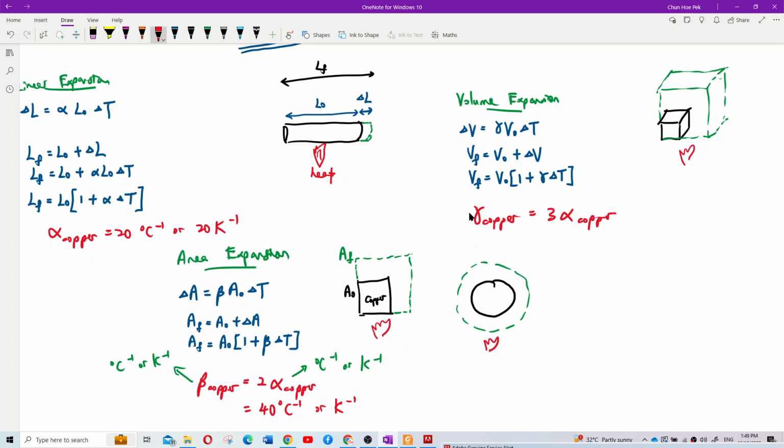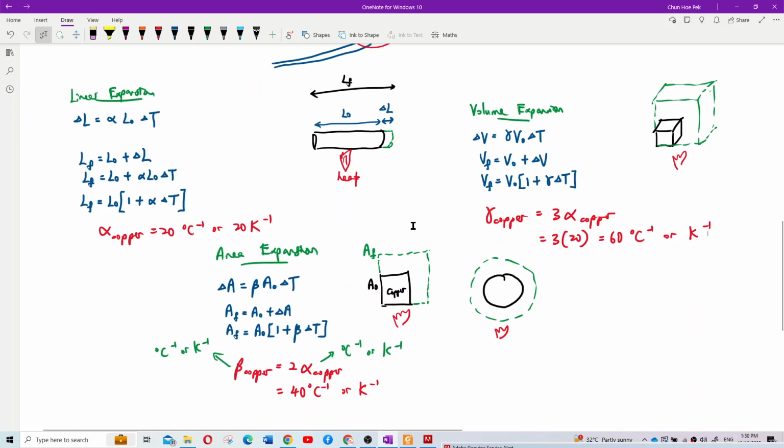If beta for area is 2 times, volume is 3 times. That's so simple. 3 times 20 is 60 per degree Celsius, or you can write it as per Kelvin. Understand, class? Okay, good.